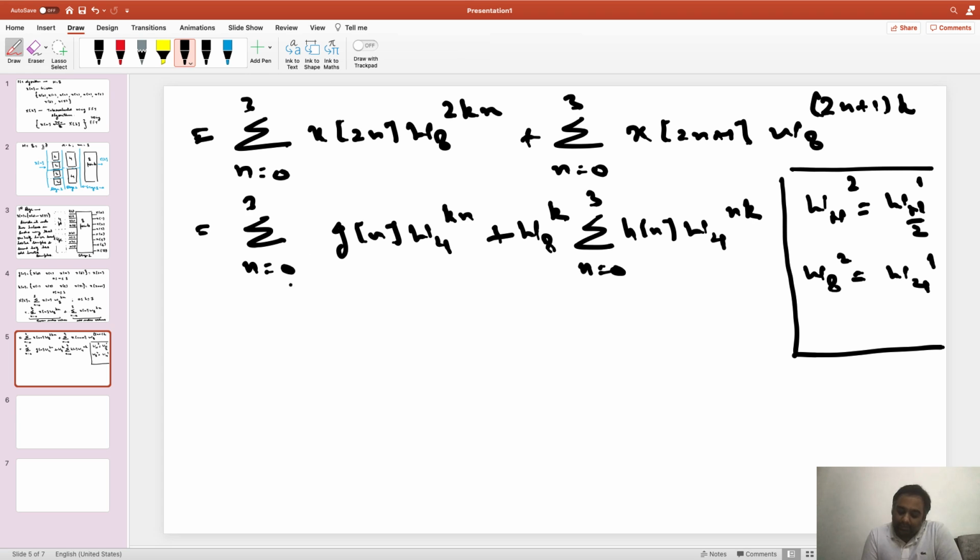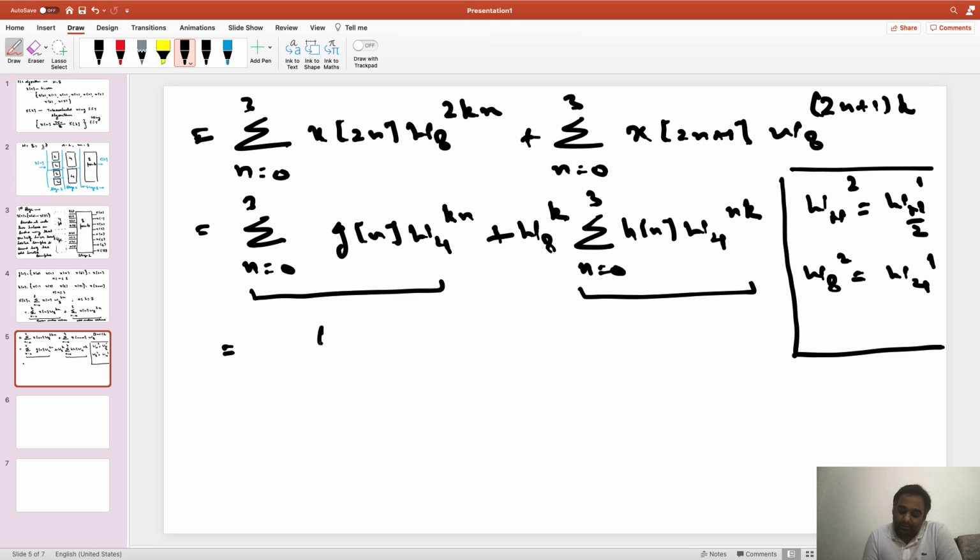Now if you look at this structure and this structure, they simply represent the conventional DFTs of g[n] and h[n] evaluated over 4 sample points.